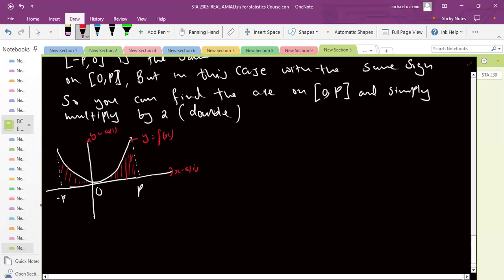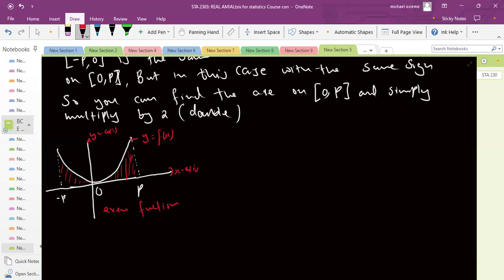So this one here is an even function. F of x is an even function. If you check this curve, it is symmetrical about the y-axis. So this means that the area on the interval negative p to 0 will be the same as the area from 0 to p.